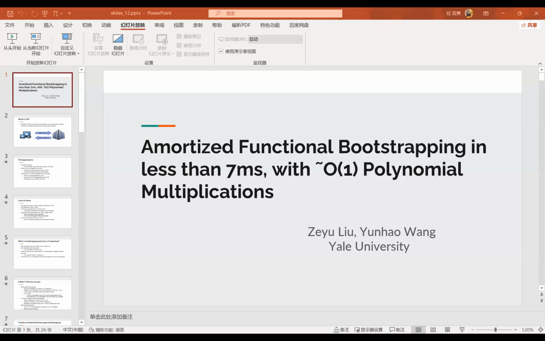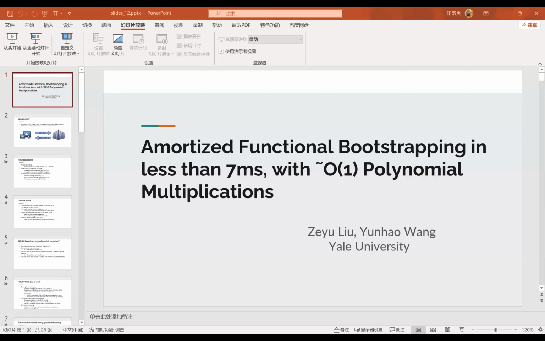The cost is roughly quasi-linear in the security parameter for each ciphertext, counting the number of polynomial multiplications, and practically it takes more than 10 milliseconds. Although that seems quite fast, it's only a gate operation, so it's almost magnitudes slower than that.